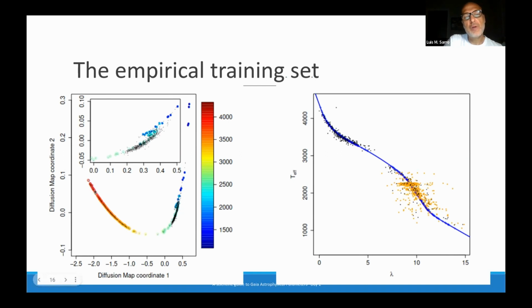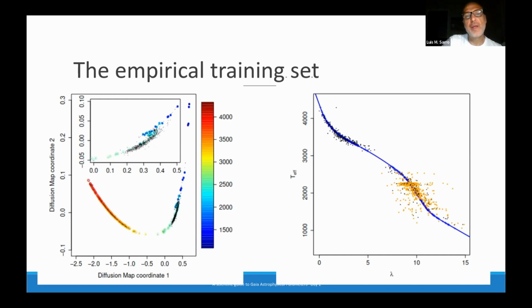The red circles represent our templates, and the black dots represent actual RP spectra of sources which have no effective temperature attached from spectral types from the literature. So we selected good quality RP spectra without an effective temperature attached, and we constructed this map.